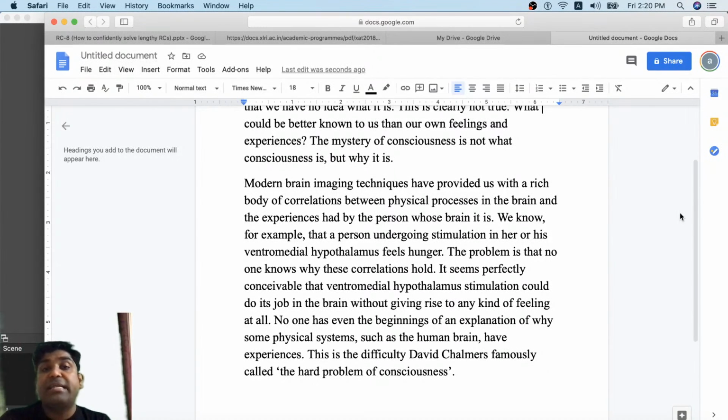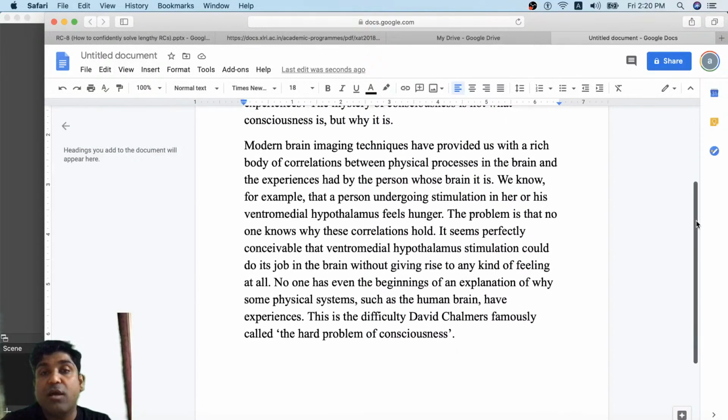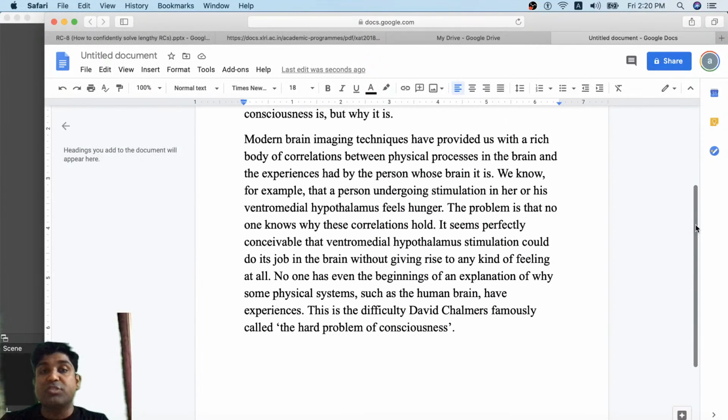Modern brain imaging techniques have provided us a rich body of correlations between brain states and experiences had by people. For example, a person undergoing stimulation in his or her retromedial hypothalamus.